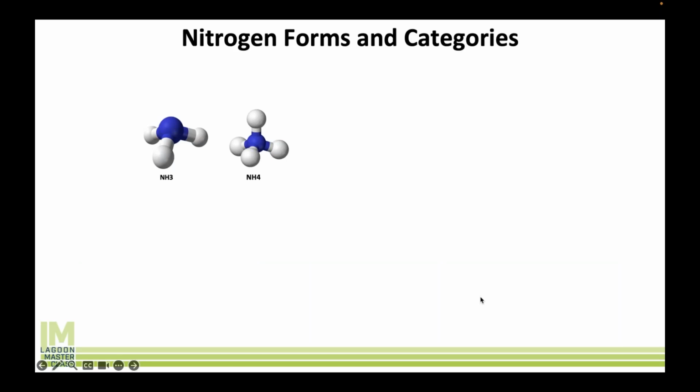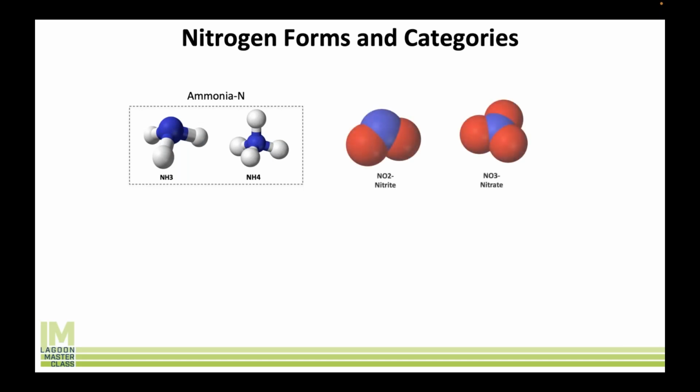Nitrogen has several different forms. One is the ammonia form, made up of NH3 and NH4, which are unionized and ionized ammonia. Then we have nitrite and nitrate.